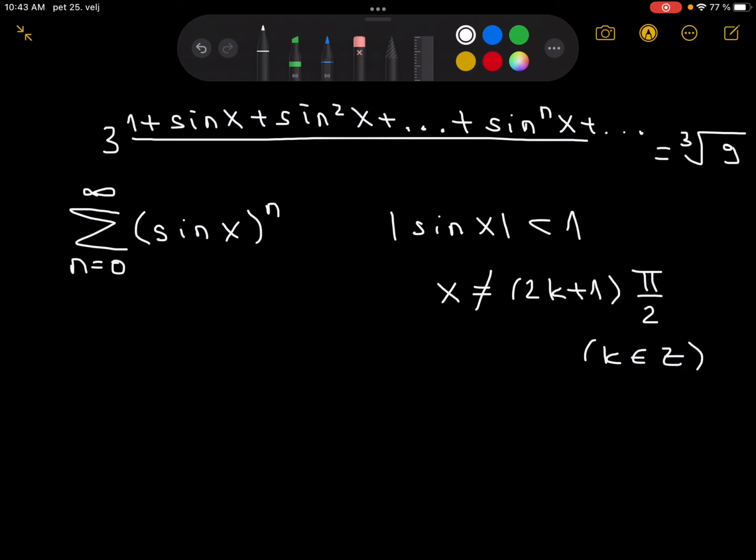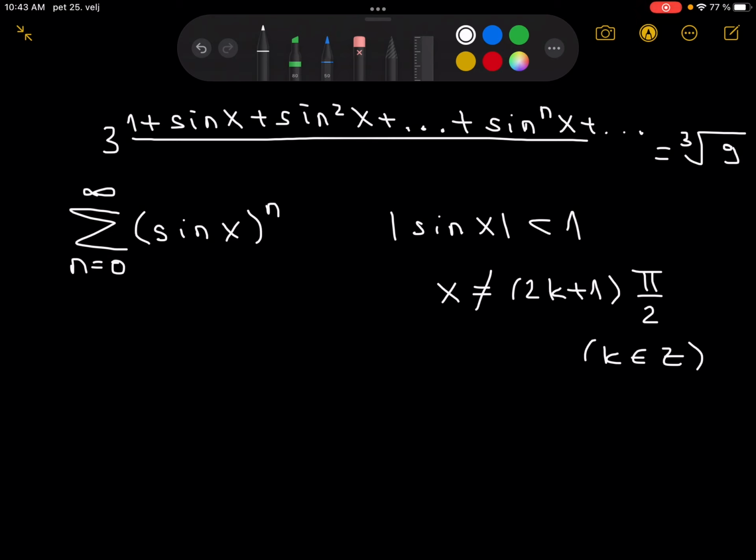Because these are just the odd numbers times pi over 2, and in each of those instances the value of sine is going to be either 1 or negative 1. So in order for this to converge, and therefore for this equation to have solutions in the first place, x must be different from the odd multiples of pi over 2.